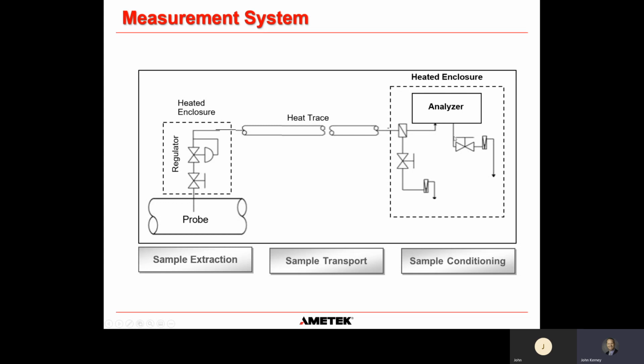I'd have my analyzer, and then downstream I might have a little pressure regulator and then a little rotometer with a valve on it, however I might do that, but some way to control the flow rate. And there's really two ways to operate that system. One is to fully open the inlet valve, which would put line pressure at your sensor, and then just crack your outlet valve. So in this case, you're measuring the dew frost point temperature at process pressure, which would be the preferred method if you're talking about dew frost point.